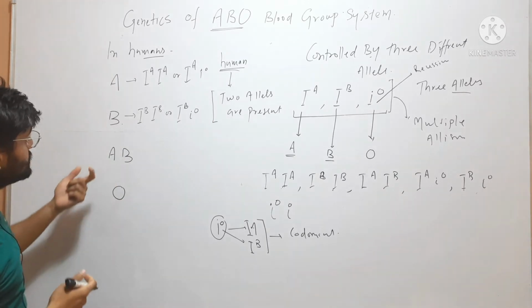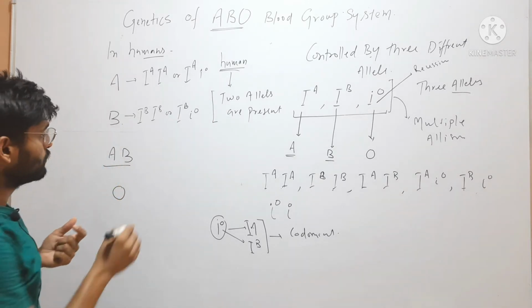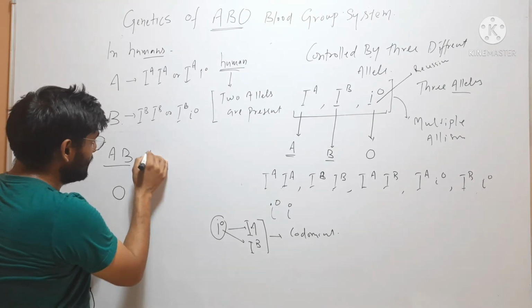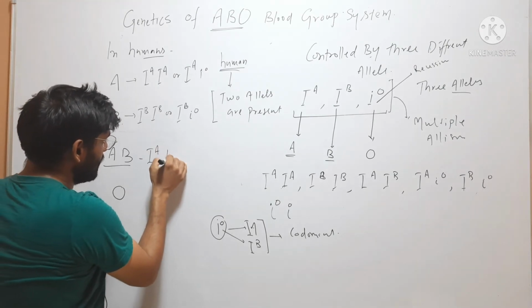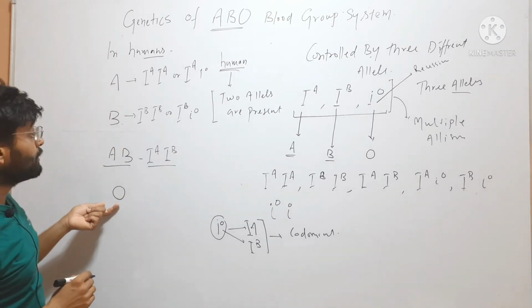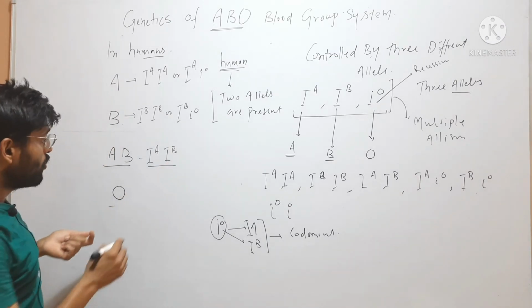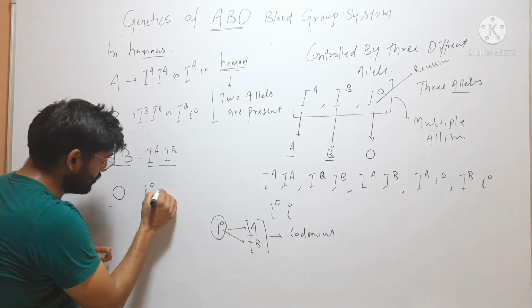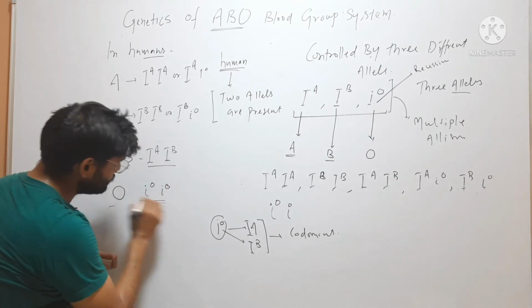A person with AB blood group has alleles IA and IB, and both alleles will express themselves. A person with blood group O has alleles i naught and i naught.